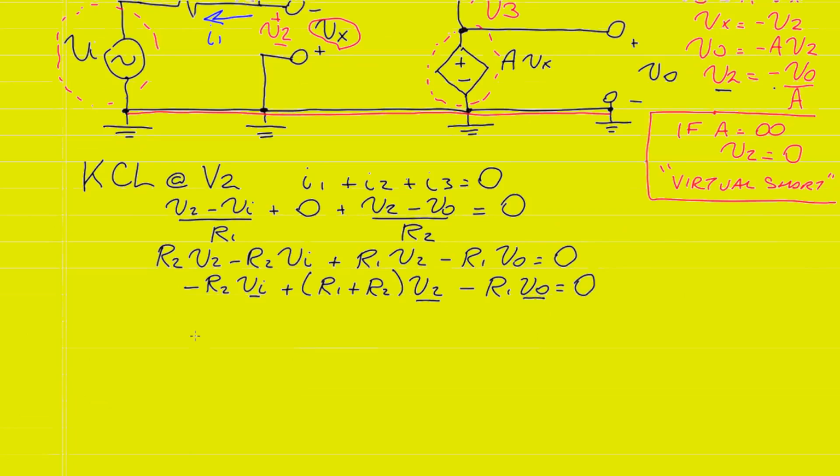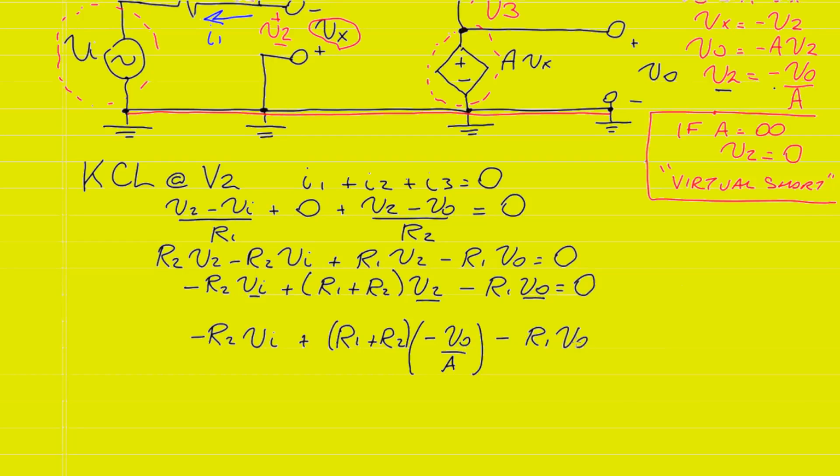So we can write now that we have minus R2 times our input voltage, plus R1 plus R2 times minus the output voltage divided by A, minus R1 times the output voltage will be equal to 0.